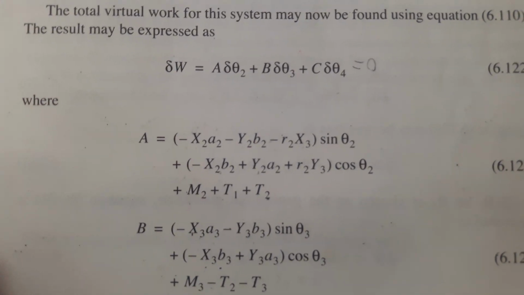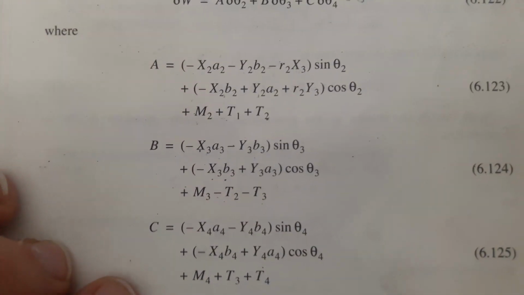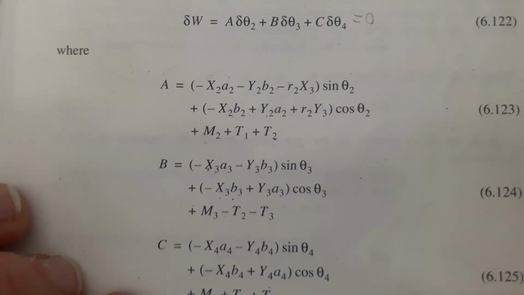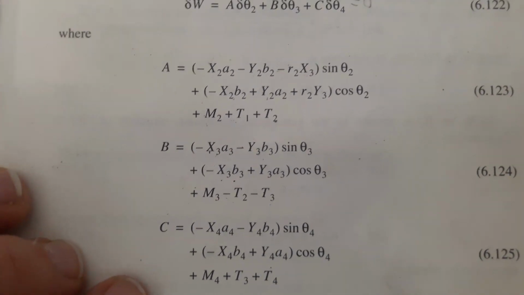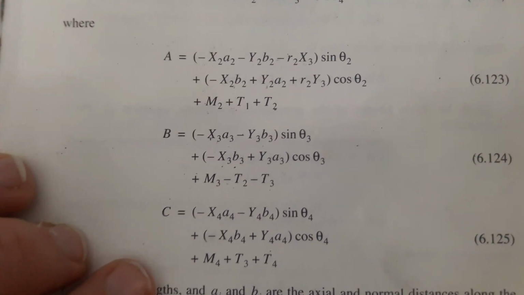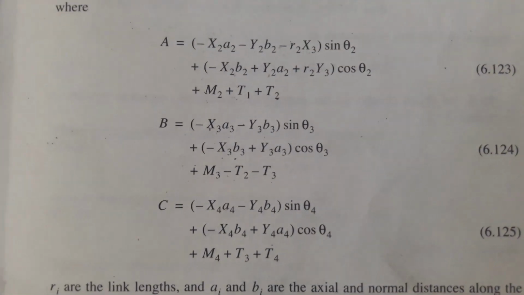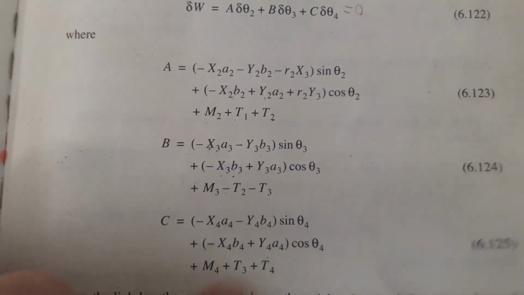Okay, and so in some sense, all the hard stuff is right there in those expressions for A, B, and C. And so you can look at those, and depending on what you actually have in your problem, most of those are going to go to 0. So you're not going to usually have such a complicated expression. And so you can simplify things quite a bit using these A, B, and C expressions.